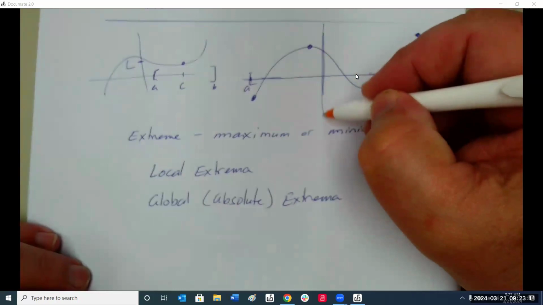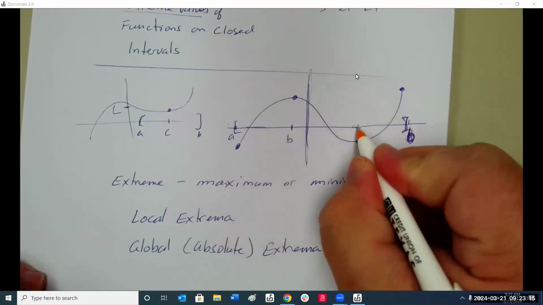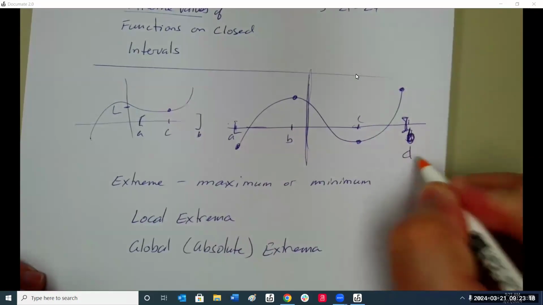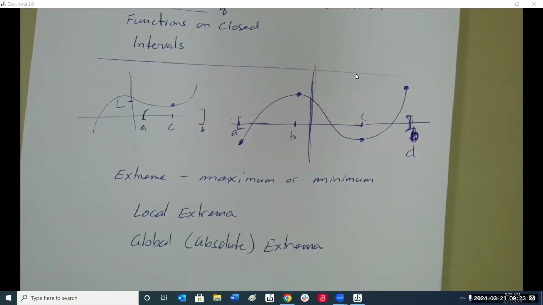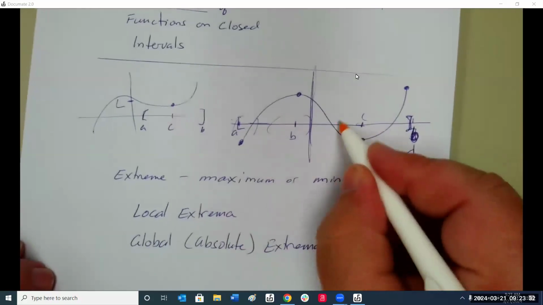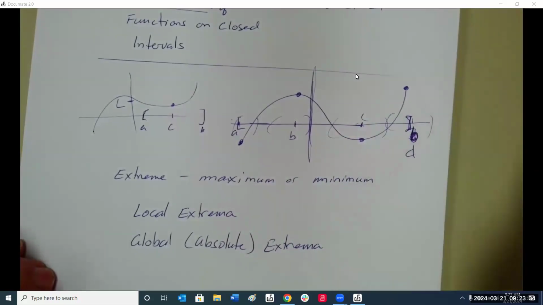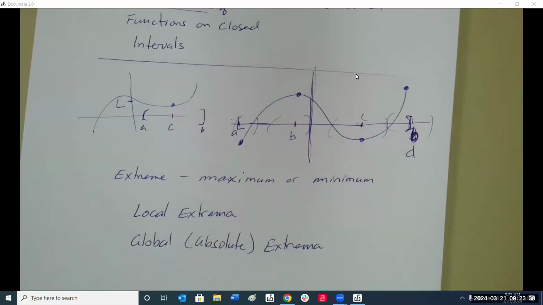So in our picture here, let's call that A, we'll call that B, we'll call that C, and we'll call this one D. How many local extrema do we have? 4. Because for each one of these, I can make my own interval however size I want it. So each one of these is a local extrema.